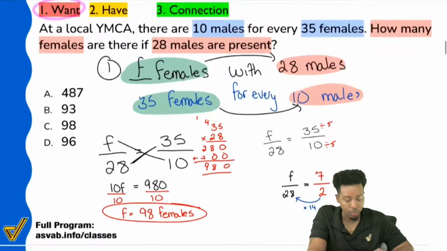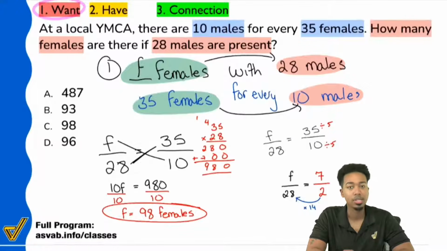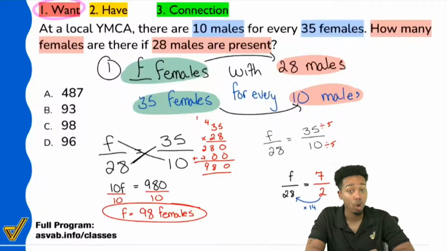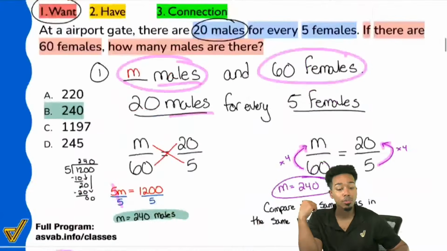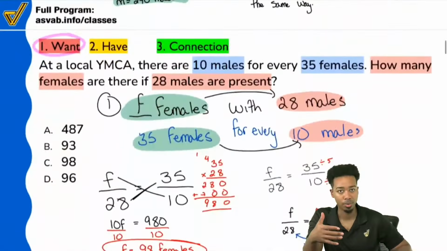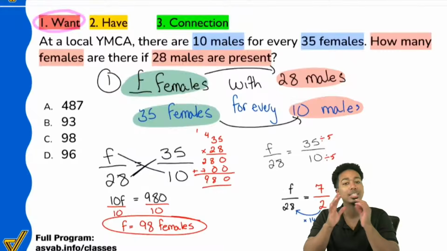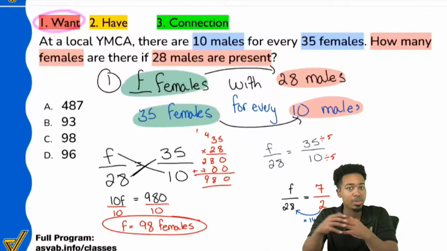All right, cool. So let's go into this next one now. What I'm going to do is give you again 2.5 minutes, and I want you to be informed that this is getting into one of those part to total problems now. Notice that this here and the one before it were both part to part problems where I gave you males and females and kept it males and females. Now, what you're going to see in this next problem is I'm going to throw in a total being involved.